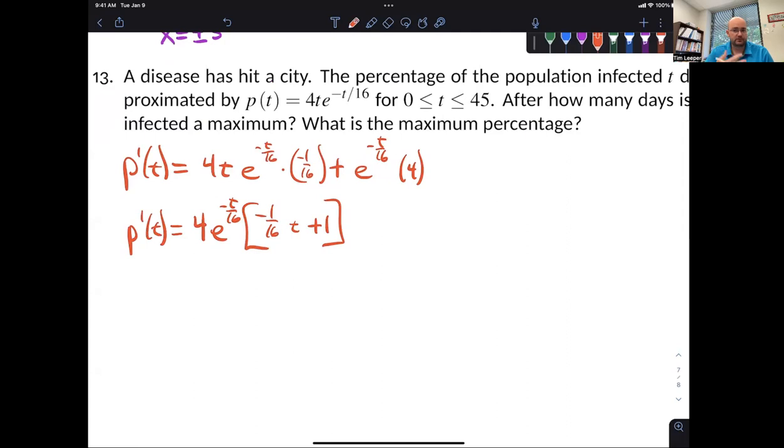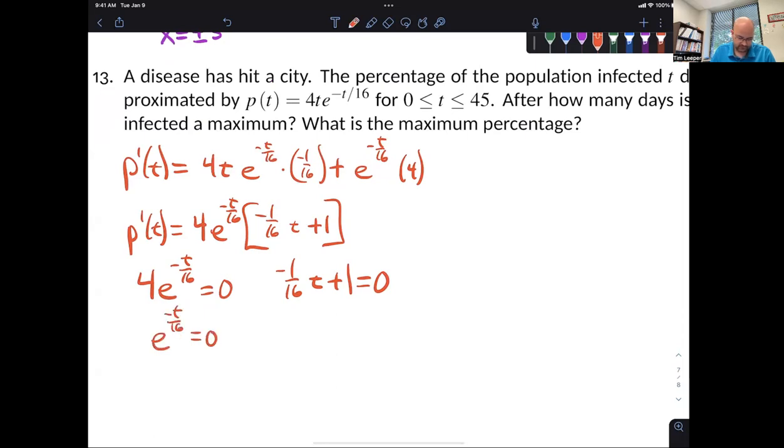To find the critical numbers, we set each of those factors equal to 0. So we have 4 e to the negative t over 16 equals 0, and negative 1 over 16 t plus 1 equals 0. Divide by 4, so we have e to the negative t over 16 equals 0, but any exponential is never equal to 0, so there's no solution there.